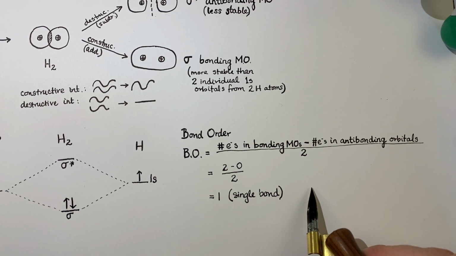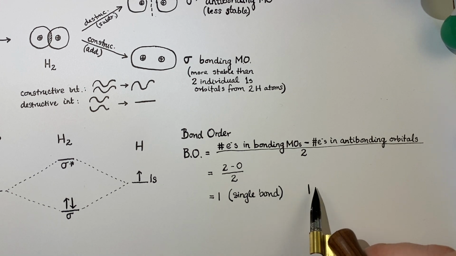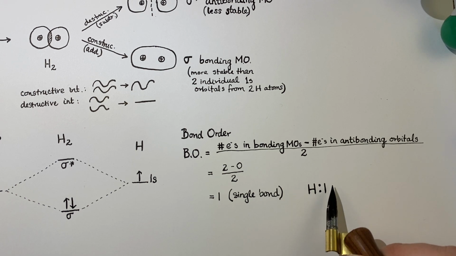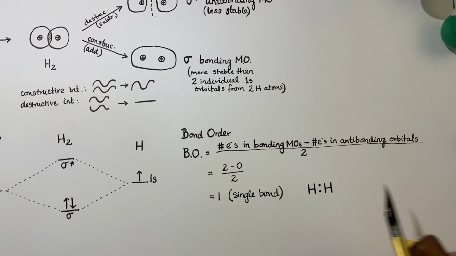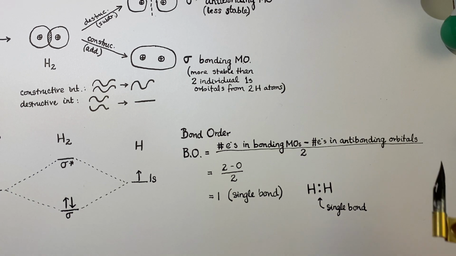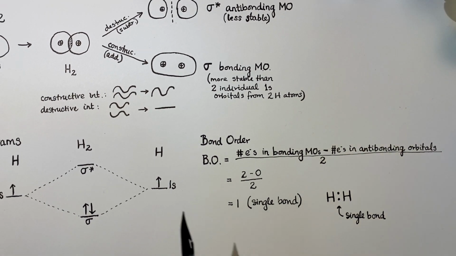And this is consistent with if we were to go back in any of our earlier theories like Lewis dot. This is a single bond. It's consistent. And that is good. That is what we need. Molecular orbital theory gives us additional information.